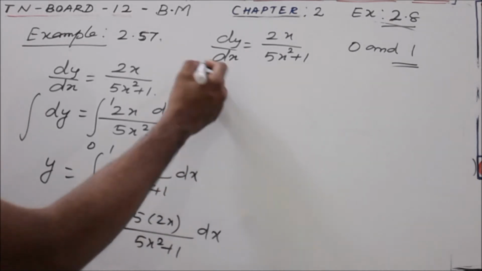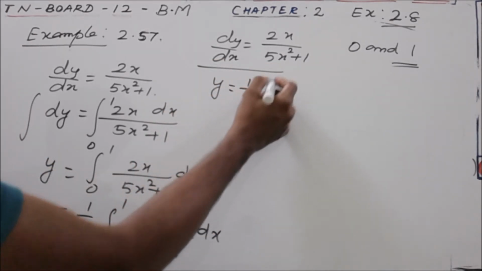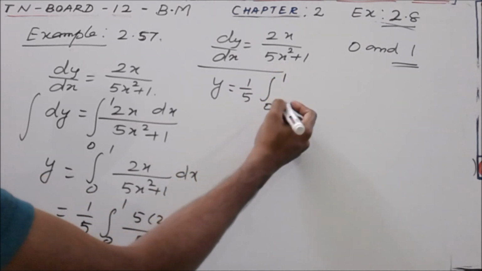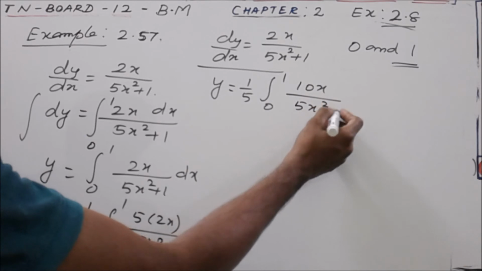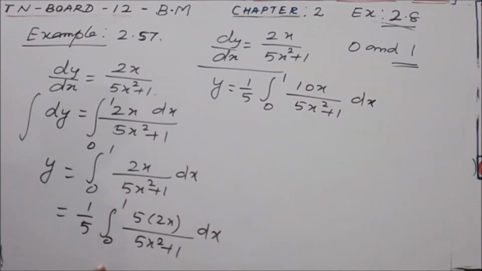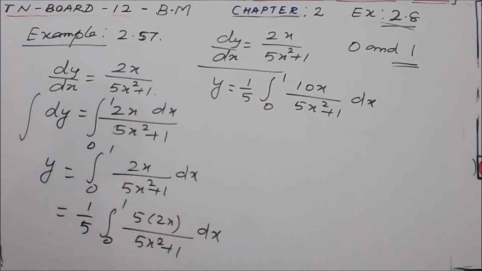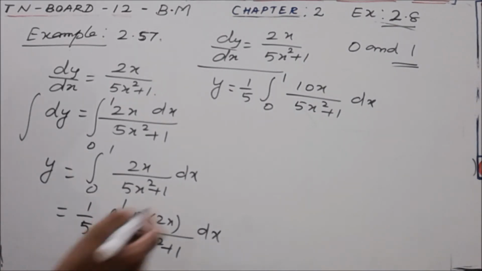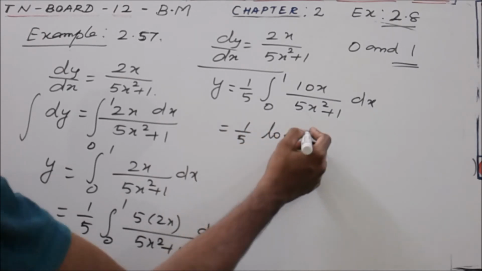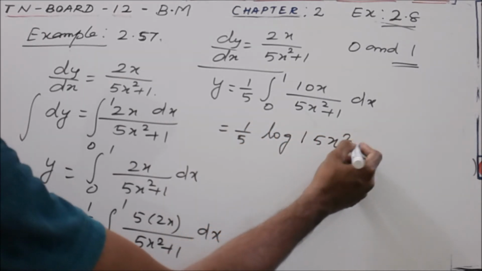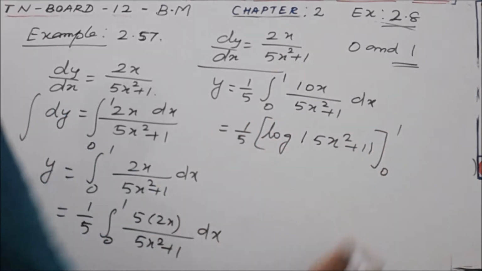Now it will be y equal to 1 by 5 integral 0 to 1, 10x divided by 5x square plus 1 into dx. Now look here, the derivative of the denominator appears in the numerator. So we can apply the formula: log of modulus of the denominator 5x square plus 1. Now the limit is 0 to 1.